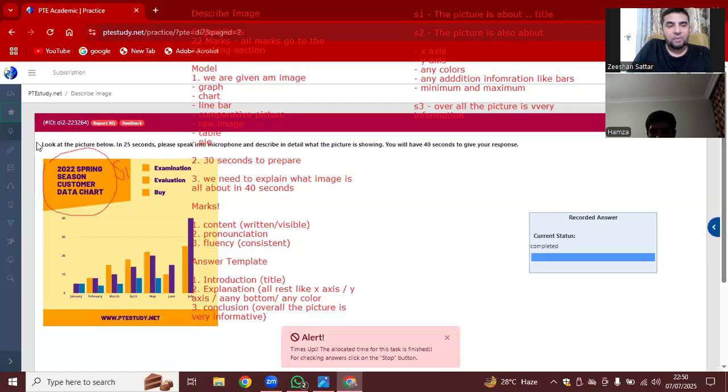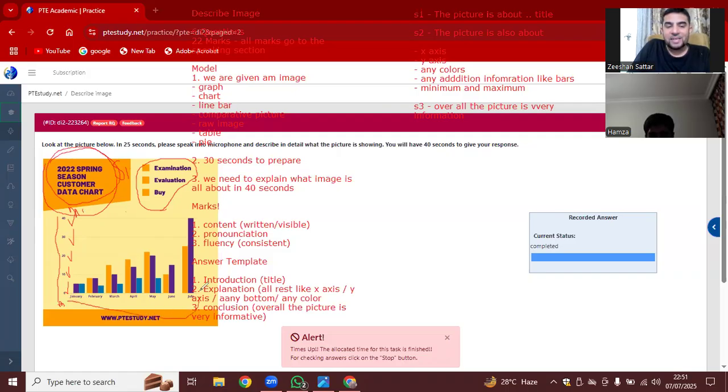I'm saying that we will start from here: the picture is about 2022 spring season customer data chart. The picture is also about examination, evaluation, and buy. There are values in digits on the y-axis, which are 0, 10, 20, 30, and 40 as maximum, 0 as minimum.